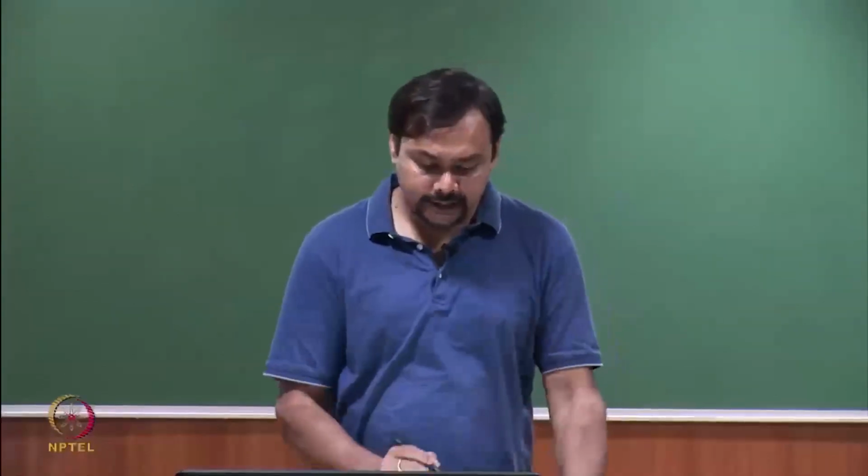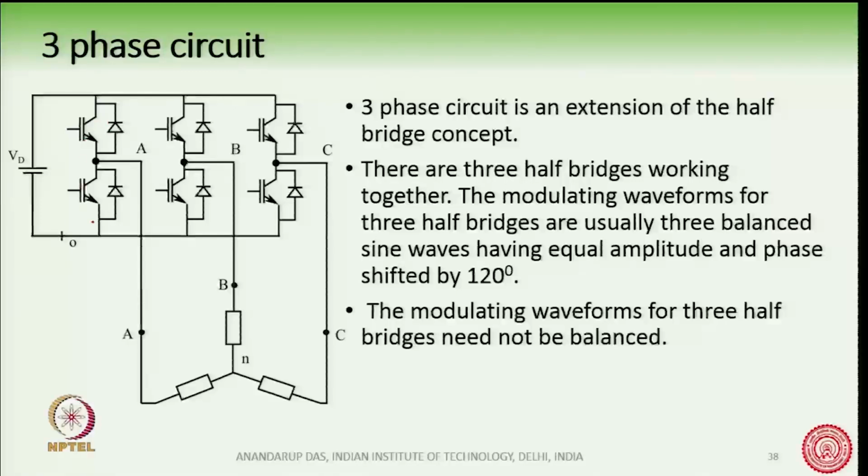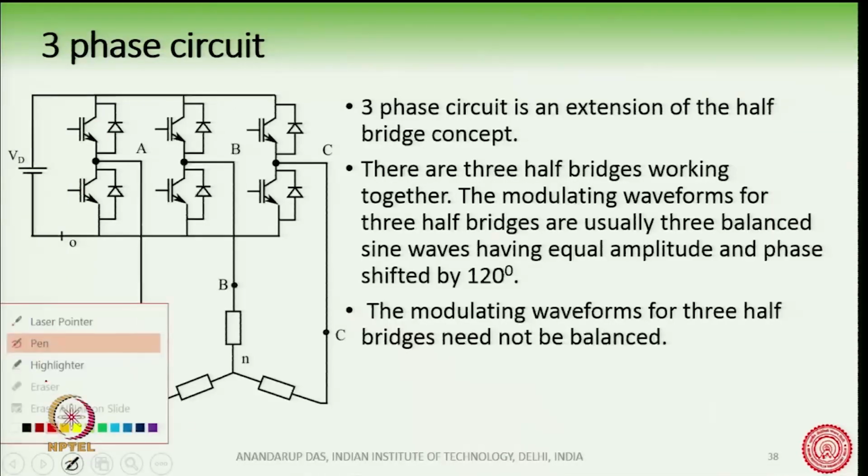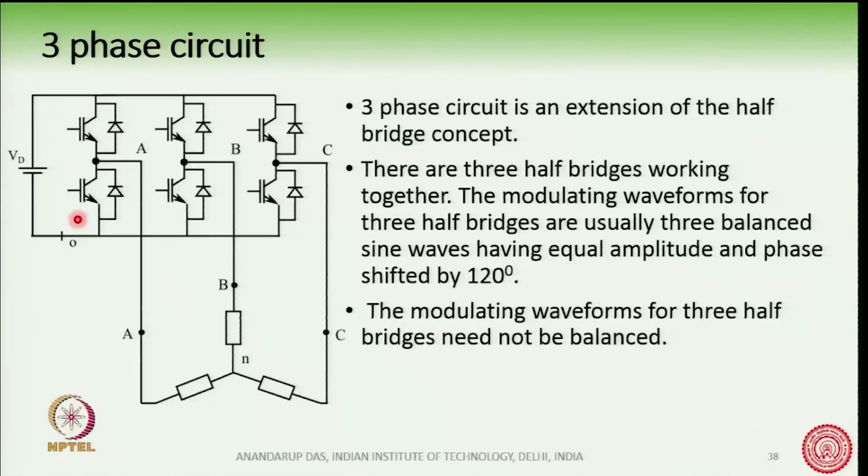We have seen that leg A and leg B can be operated independently. So, let us put a third leg, and that is leg C here. Again, these three legs, leg A, leg B and leg C, are completely independent of each other. Okay.